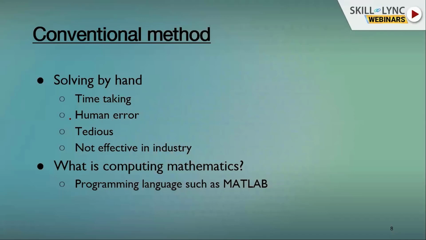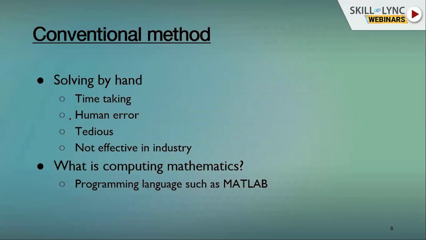Computing mathematics means whatever we have learned in engineering, we are going to apply it and automate it. Automate means we don't have to solve it by hand. For that computing, we need a programming language.